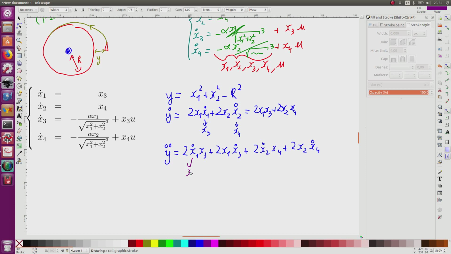This one corresponds to x3. This one corresponds to x4. Now this one is given here. So alpha is assumed to be equal to 1, so I remove it. And this one is given here.